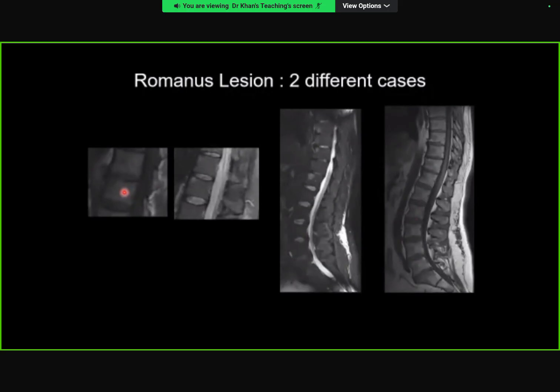This is consistent with a Romanus lesion, which I think is the MR equivalent of the plain radiograph shiny corner, which is maybe the earliest signifier of spine disease in seronegative arthropathy.